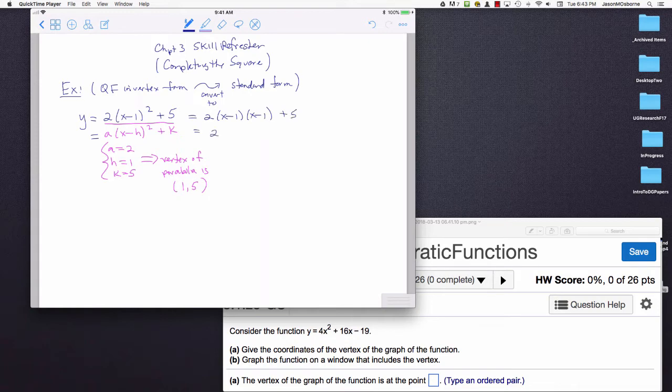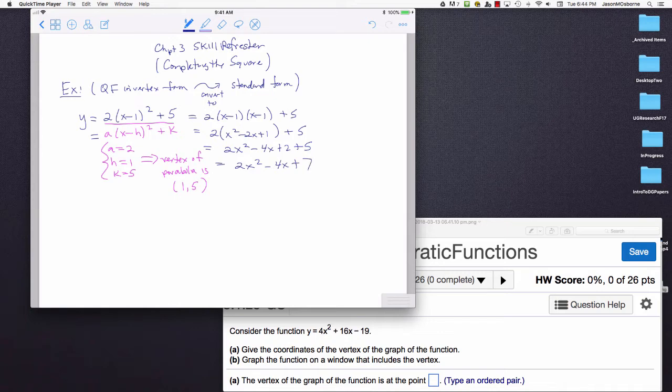You can FOIL out the x minus 1 times x minus 1 to give x squared minus 2x plus 1. You could distribute the 2 to get 2x squared minus 4x plus 2, and then you add on the 5. And then you get 2x squared minus 4x plus 7.